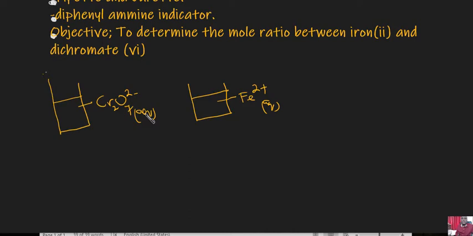Dichromate 6 is the oxidizing agent, while iron 2 is the reducing agent. During the reaction, iron 2 is oxidized to iron 3, while dichromate is reduced to chromium 3. Dichromate is orange, and chromium 3 is green. That's why during the titration, you observed the solution turning green before the end point where the solution turned pink.